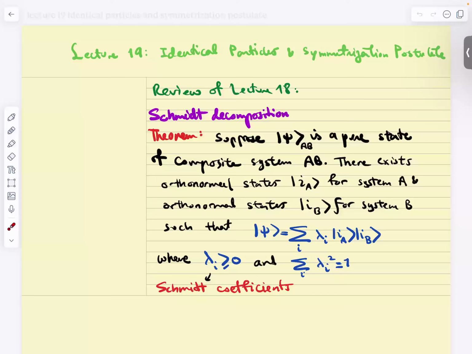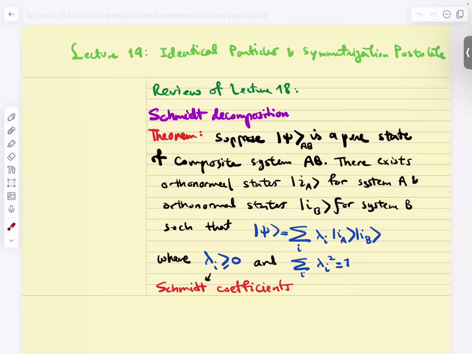The Schmidt decomposition says that if you have a pure bipartite state, psi AB, you can always write it in the following form: a sum over i of lambda i, ket iA, ket iB. Because the lambda i's are non-negative and the sum over lambda i squared is equal to 1, you could always consider the probability distribution p i, so I can write the square root of p i, ket iA, ket iB, and these are orthonormal bases.